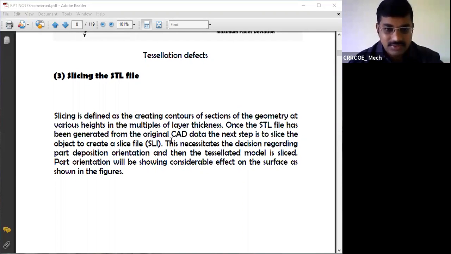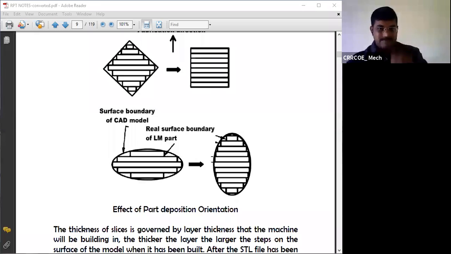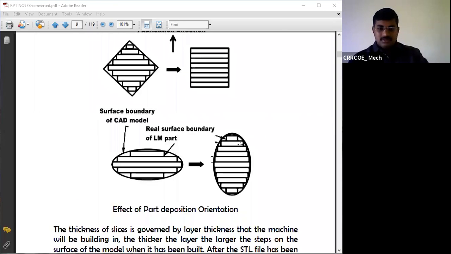Once the STL file has been generated from the original CAD data, the next step is to slice the object. They have given this clearly here: triangles from STL, slicing, that is dividing into equal halves. This has an elliptical shape.